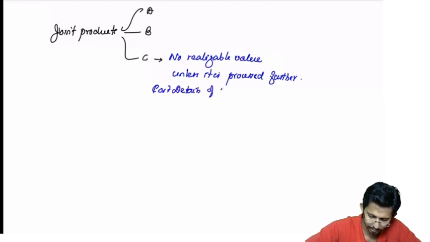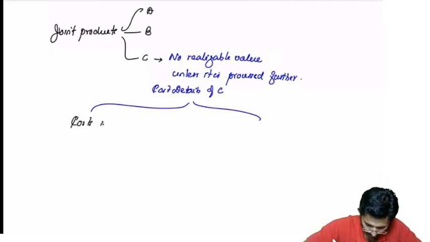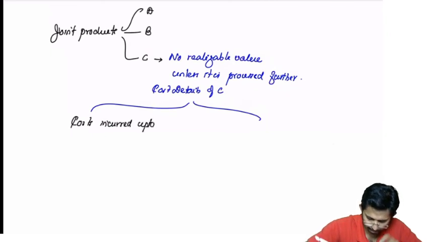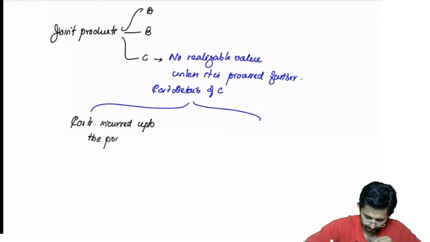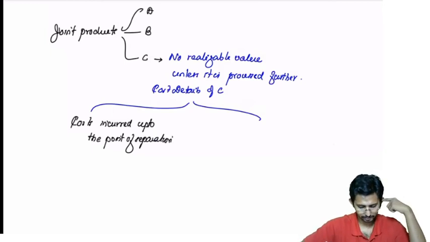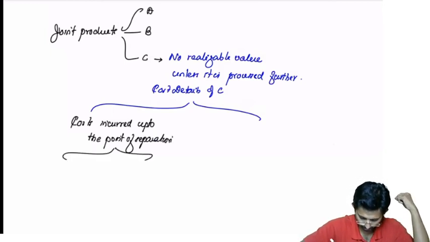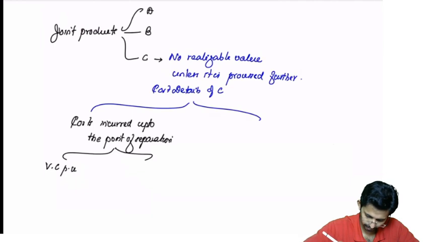The cost details of C are given. There are 2 types of cost. Cost incurred up to the point of separation: variable cost per unit, what is it here? 30.